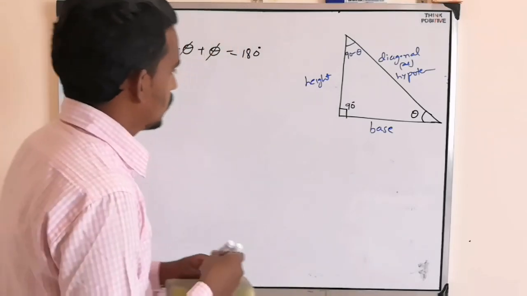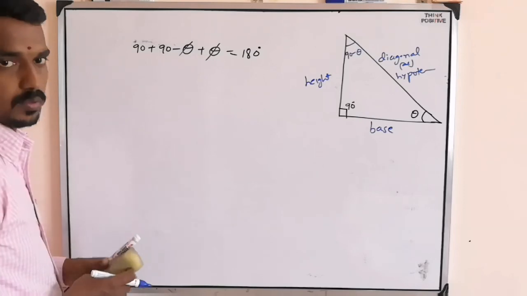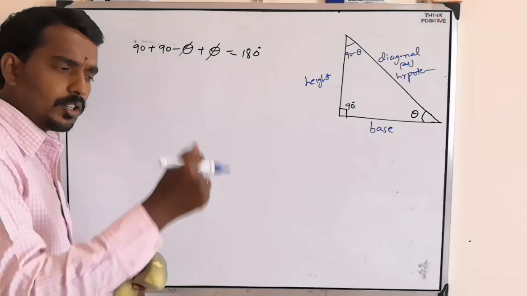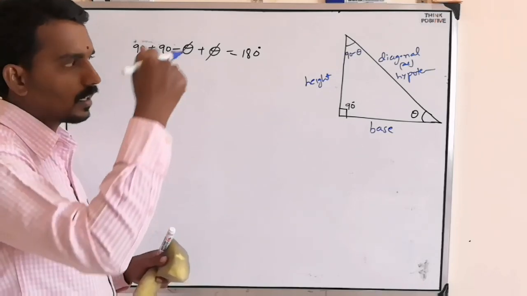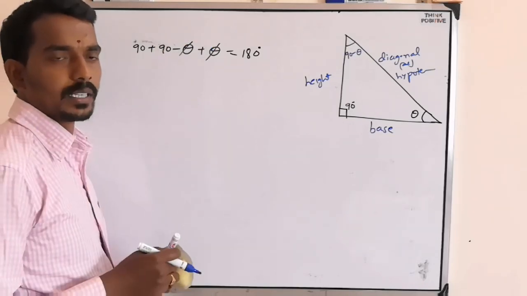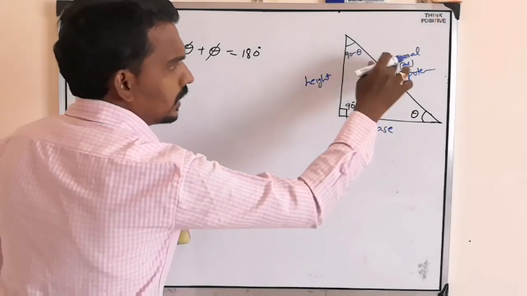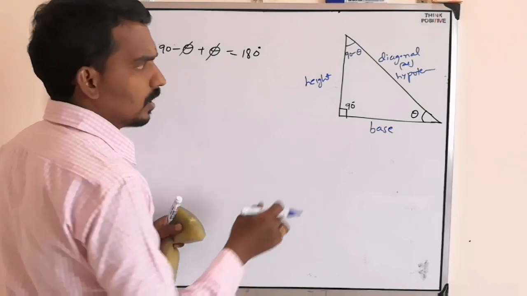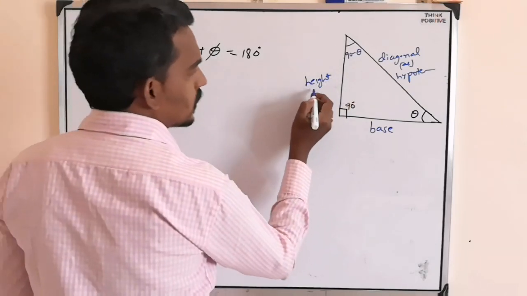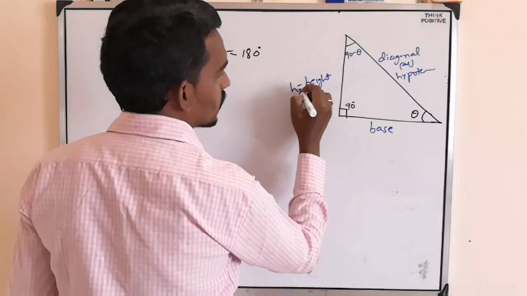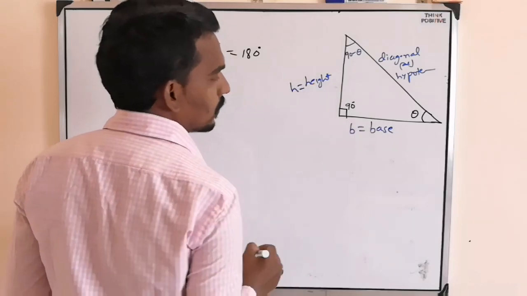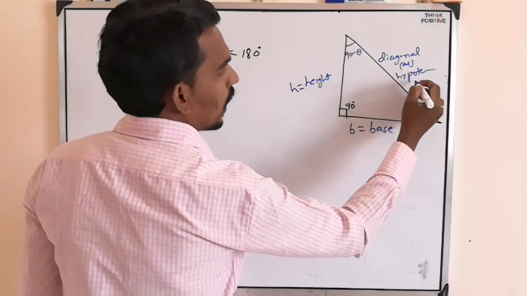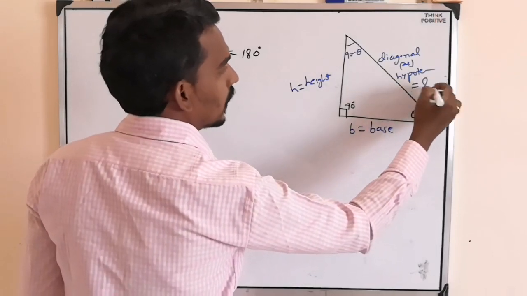Now here they have defined different ratios. Trigonometric ratio, the name itself is saying it. Ratio means what? Fraction, division of two different things. So here three things are there: base, height, diagonal or hypotenuse. Let's take this height as h, base as b, and hypotenuse as l.